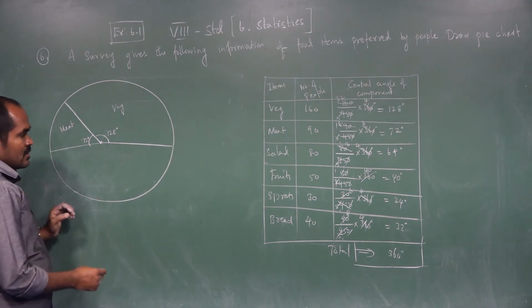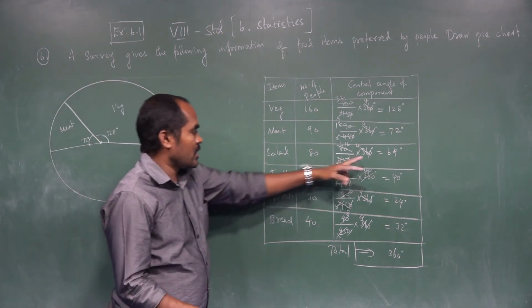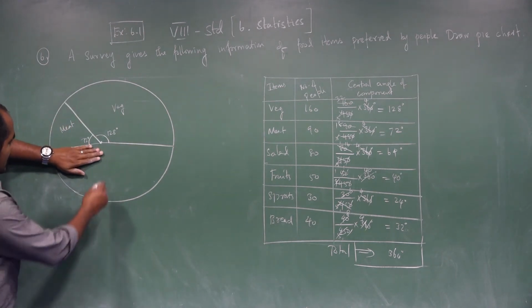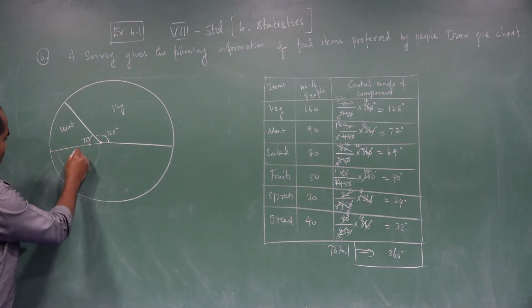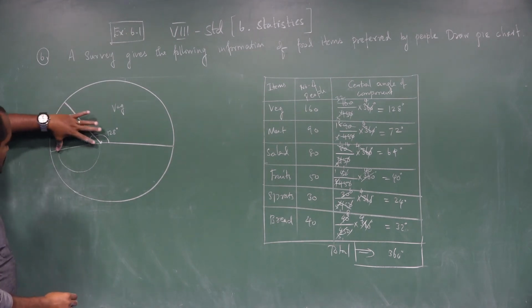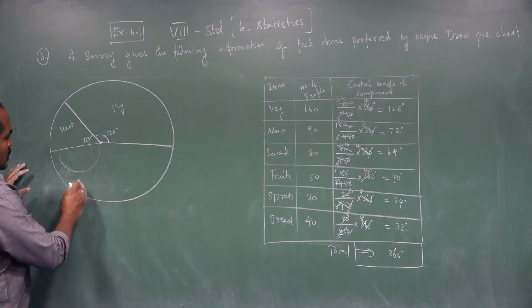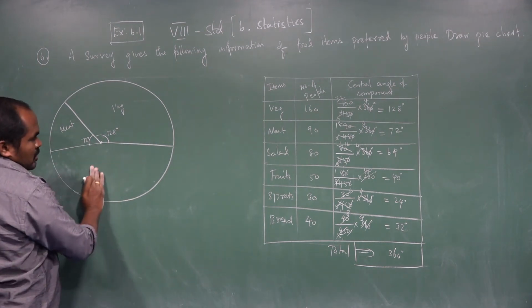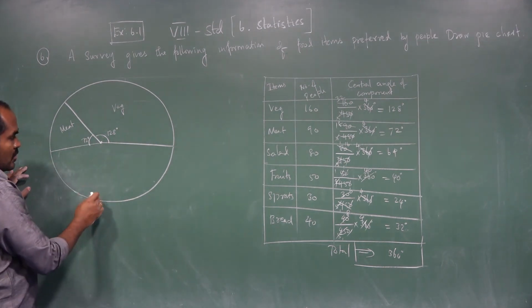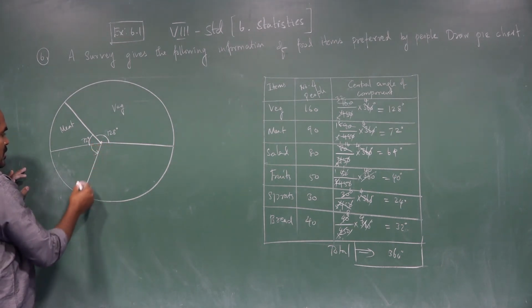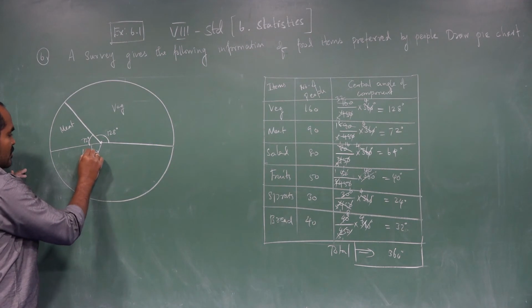The central angle of salad is 64 degree. So place the protractor here, on this line. So the third component angle is 64 degree. Draw one line, and this angle is 64 degree.